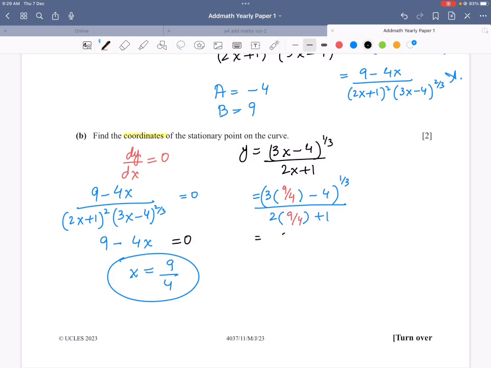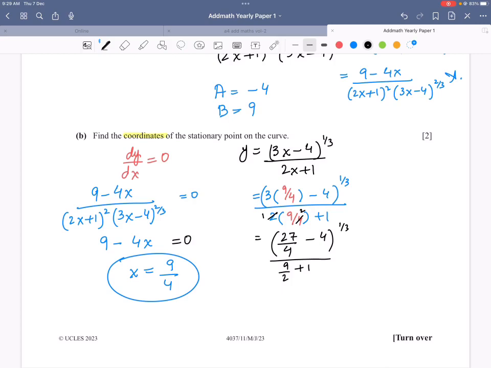So that leads to (3 times 9 over 4 minus 4) whole power 1 upon 3, divided by 2 times 9 over 4, plus 1. We can simplify: 9 over 2 plus 1. So we can use a calculator here to simplify it. So 27 divided by 4 minus 4, divided by 9 over 2 plus 1.